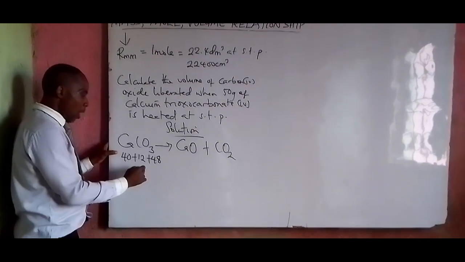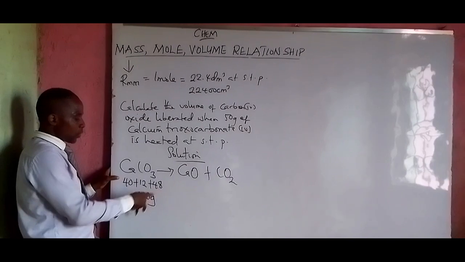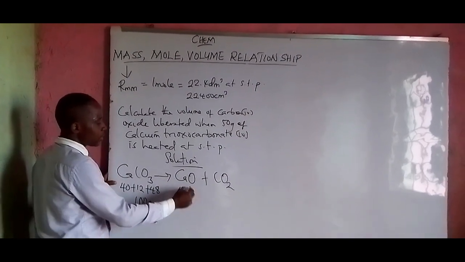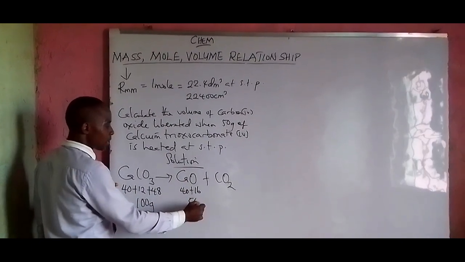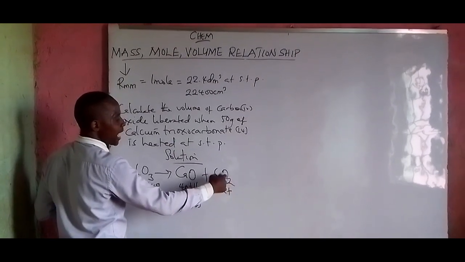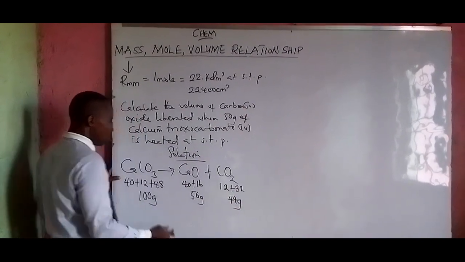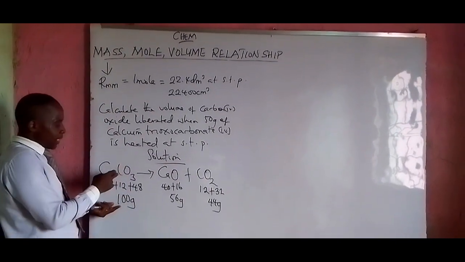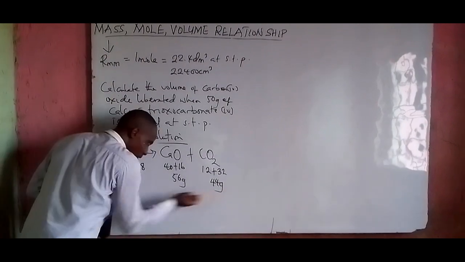That is 40 plus 12 is 52, plus 48 is 100 grams. For this one, calcium is 40 plus oxygen is 16, that is 56 grams. Carbon is 12, oxygen is 2 times 16, 32. That is 44 grams. You can see that now we have the mass of the reactant and the products.